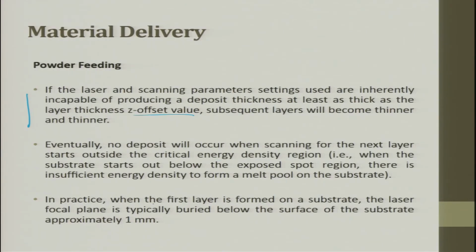In practice, when the first layer is formed on the substrate, the laser focal plane is typically buried approximately 1 millimeter below the surface of the substrate. So we are just trying to play with the height, making sure between two layers there is a proper gradient: melt pool happens on the top and heating happens on the bottom, and when the next layer comes there is a shift in the layer.